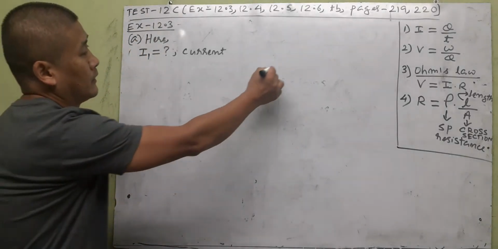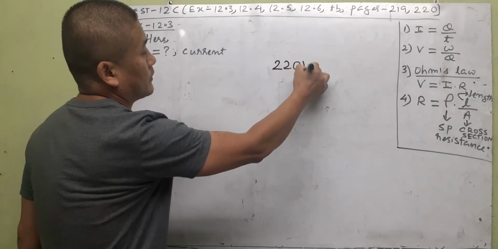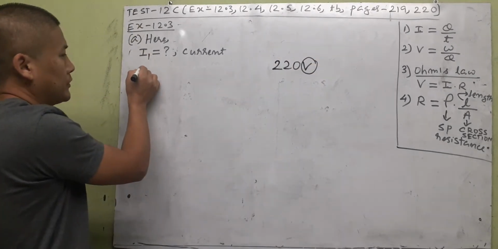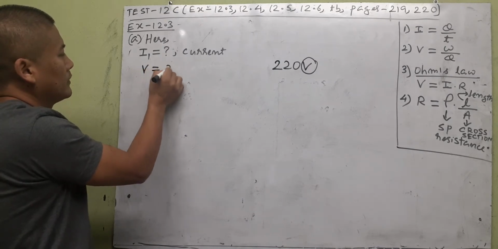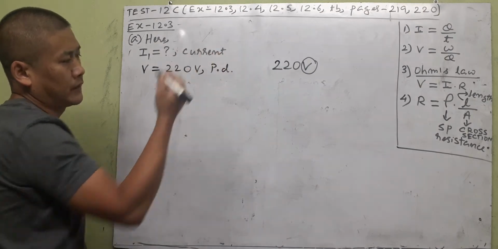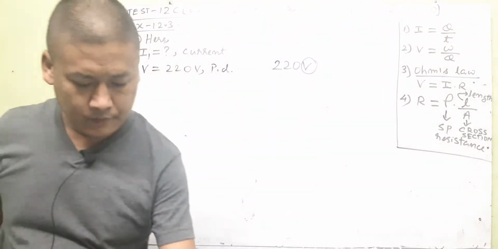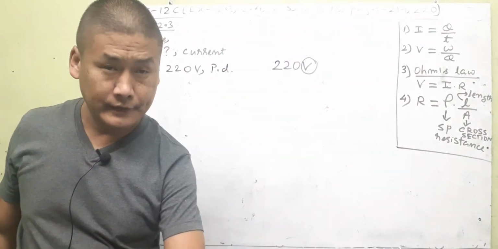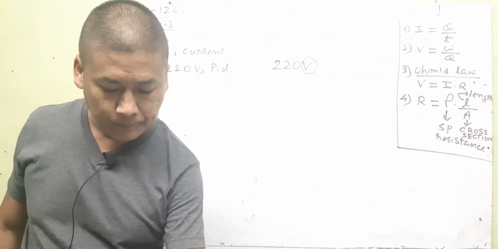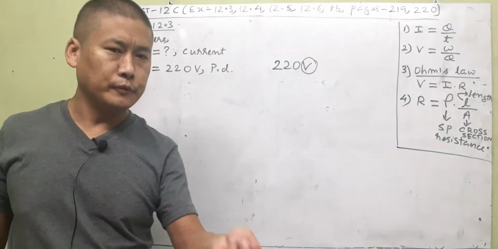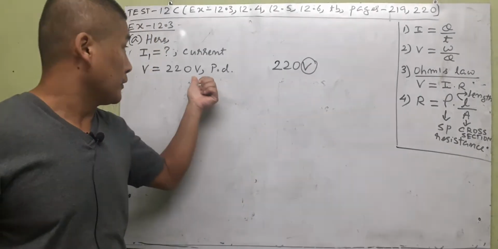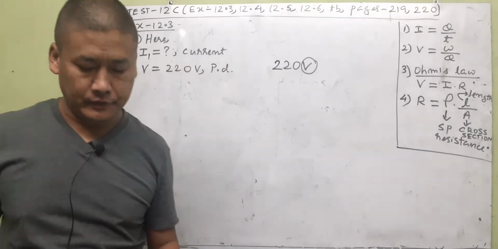Whenever you see this SI unit V, that is the potential difference, denoted by V. 220 volt is the potential difference. Even though the question did not directly say that, we should know ourselves that volt means potential difference. Just like rupees 10, we know the unit there is talking about money, right? So volt means potential difference.